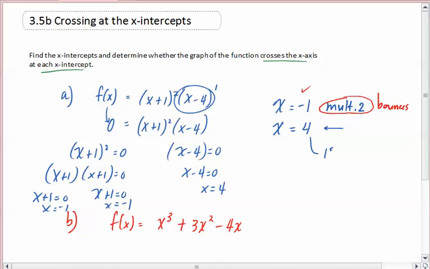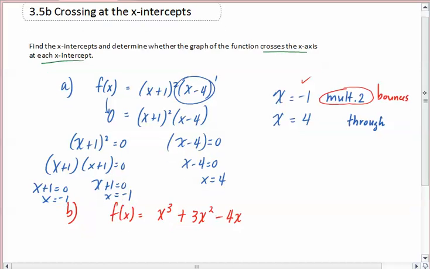If it occurs one time or 3 times or 5 times, then that means it's going to go through the x-axis at that x-intercept. So an even number of times means it bounces. An odd number of times that it's present means it goes through.